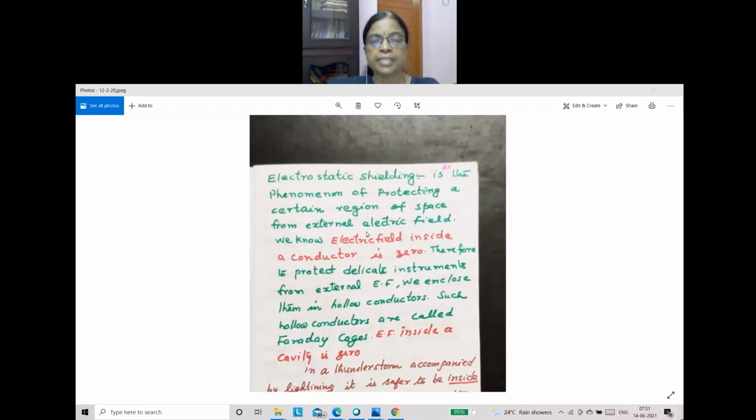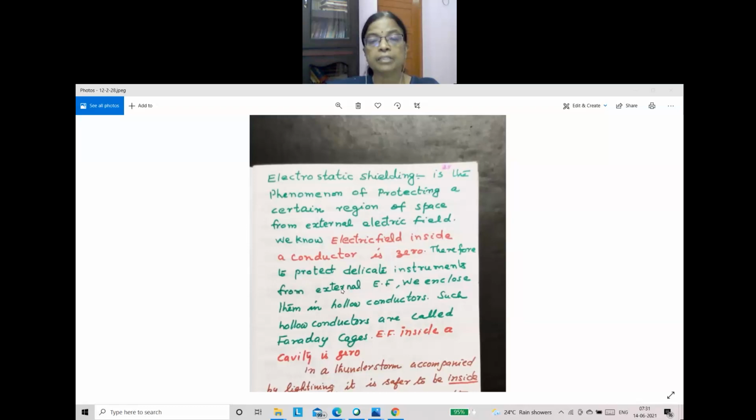For example, during a thunderstorm, thunder and lightning, you are asked to sit inside a car. Suppose you are traveling, it is safe when you are inside the car. Why, children? During lightning, it is safer inside the car than standing outside or standing under a tree.